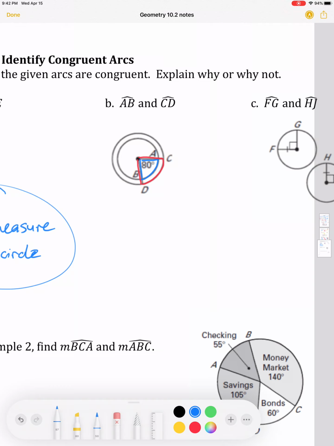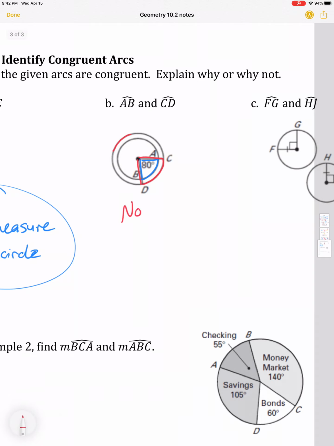The circle on the outside, this red circle, is bigger than the circle on the inside. So are these congruent arcs? No. Same measure, not same size circle.